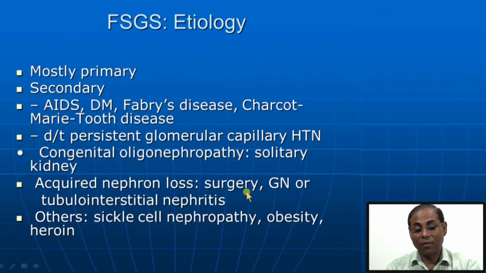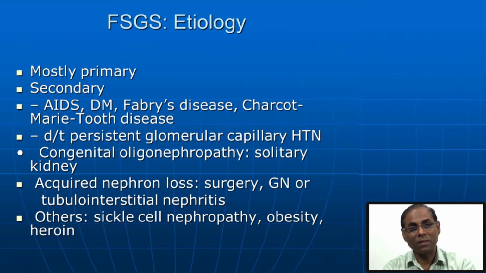And the acquired nephron loss, like in surgery, if one kidney is removed, then the remaining kidney can develop FSGS. You see, one of the etiopathogeneses of FSGS is that if there is continuous hyperperfusion in the glomeruli, then obviously these glomeruli tend to develop podocyte injury followed by segmental sclerosis.